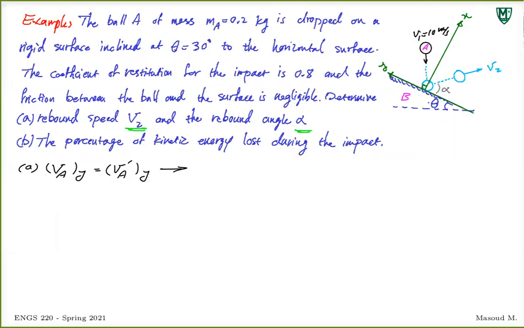This angle is theta. As a result, this one is theta. So that one we know. We can actually find the components of the velocity before impact for VA along the plane of contact and the line of impact.